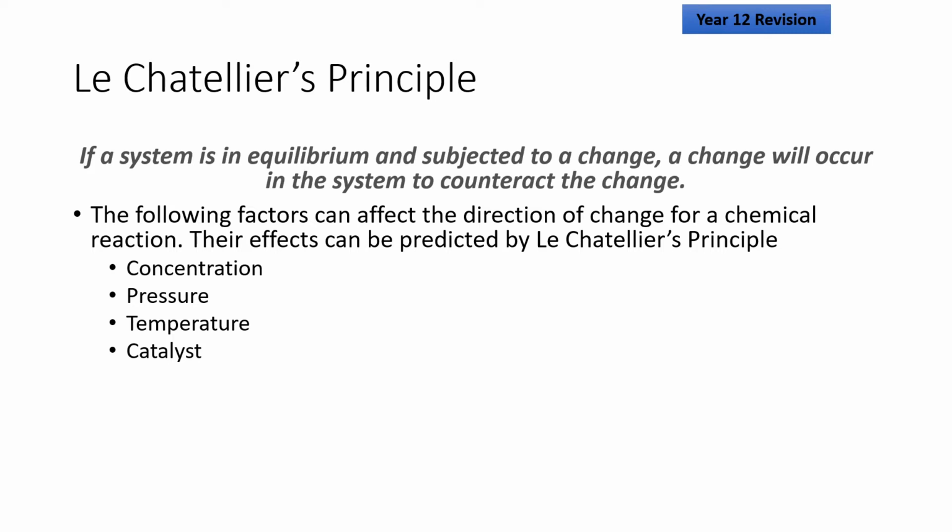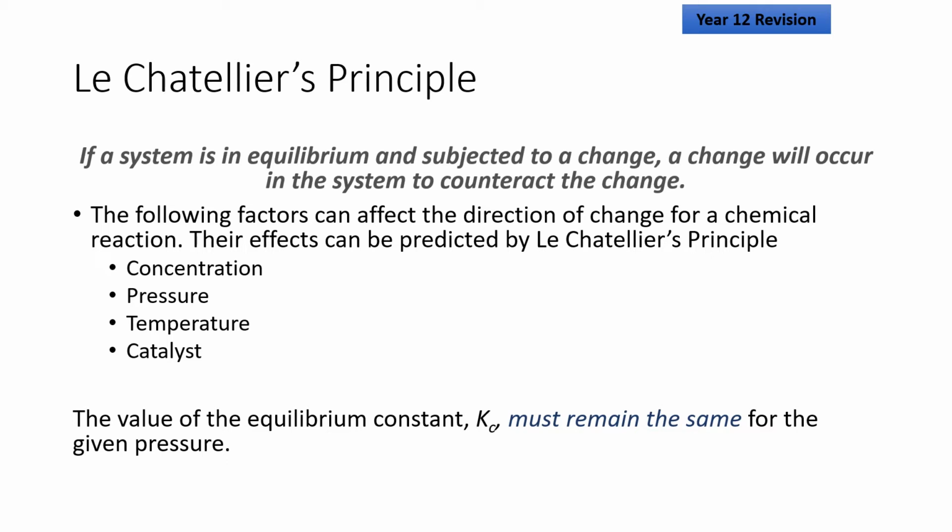If I decrease the concentration of the products, the concentration of the reactants is going to increase. The value of the equilibrium constant must remain the same. Therefore, the concentration of the reactants must change to counteract that change.